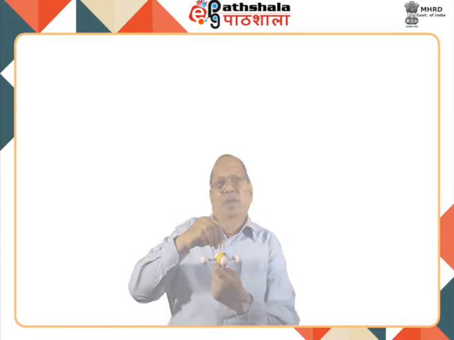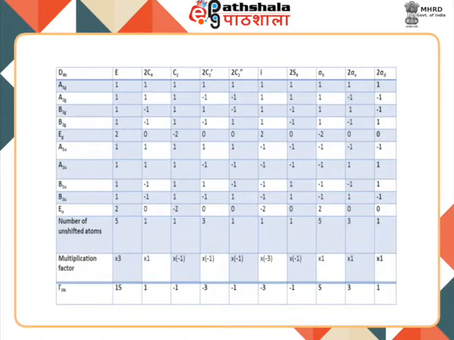Now, the table which is given below summarizes the effect of various symmetry operations of the D4h point group on these 5 atoms, xenon and 4 fluorine. Under the number of unshifted atoms row, we are finding the figure given is 5. 5 means all the 5 atoms under operation E are not shifted at all. Now, when I take the C4 operation, only one atom, that is the xenon atom, is not shifted.